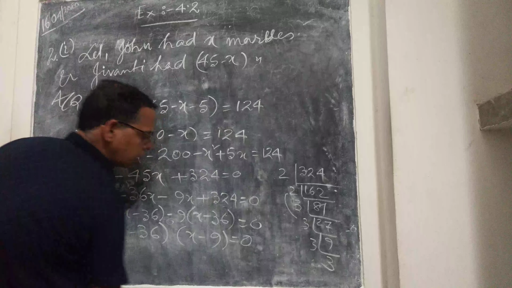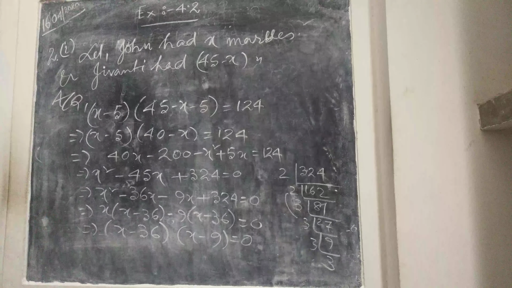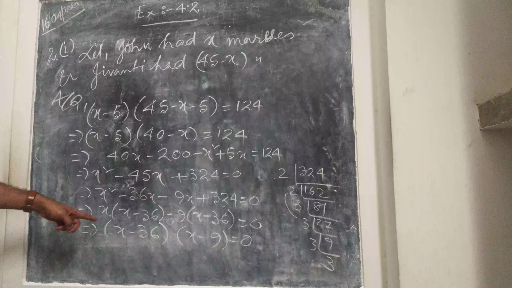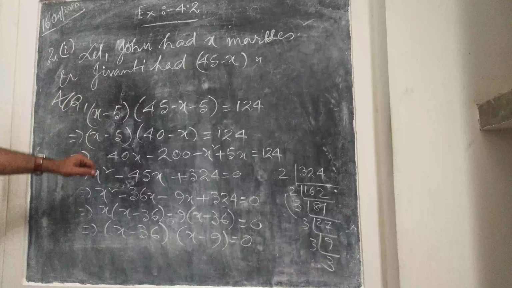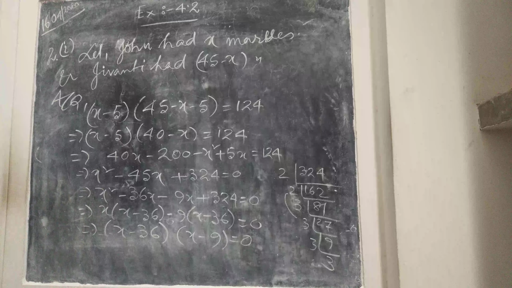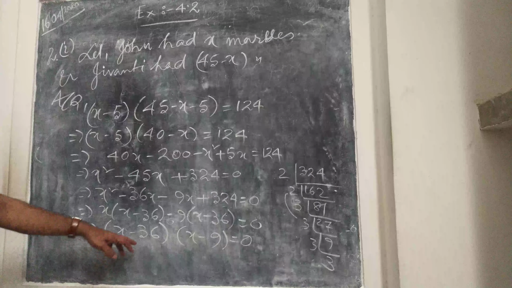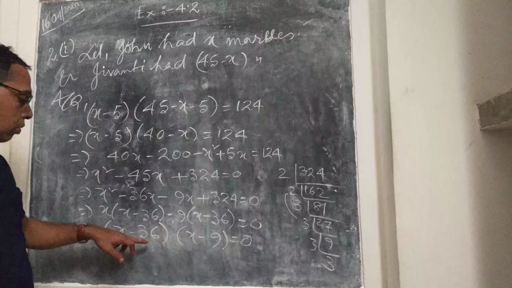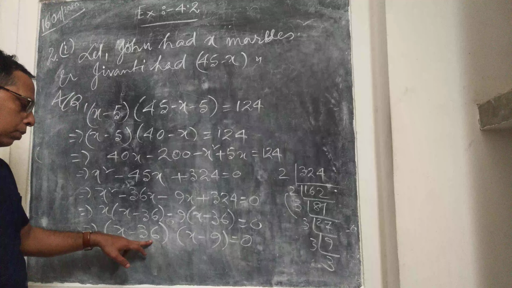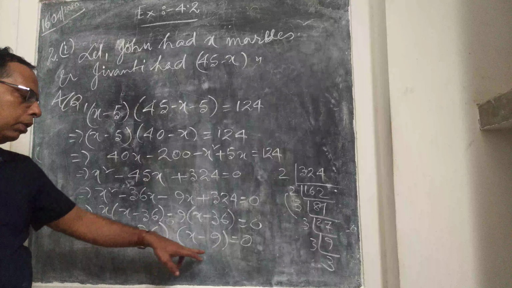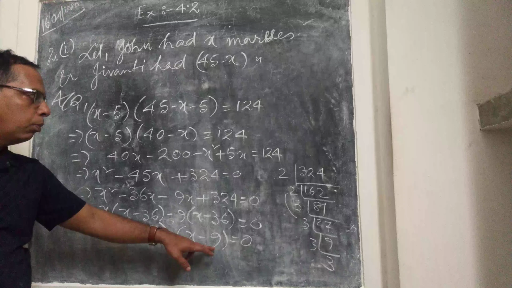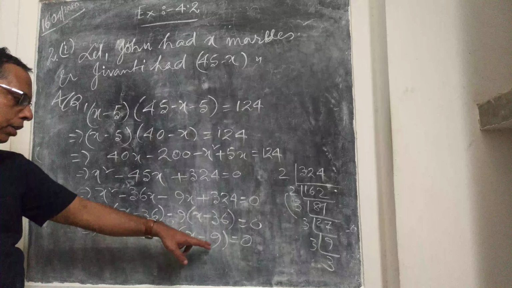Now if you solve, both will be positive. One will be 36 and the other will be 9, and both will be correct, because if you subtract 5, then also it will be possible. If you subtract 5 from 36, it will be 31. And the other one will be 4.